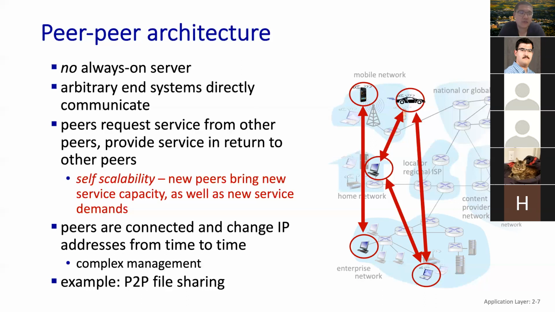If you are using P2P file sharing, for example, if someone has already downloaded part of that file, you can request part of the file from the server or from the other people at the same time. That means you are not limited by the server bandwidth, right? Because you are directly talking to the other people. They can directly send the file to you, right? So here is the concept that P2P file sharing could sometimes be faster than client-server file downloading.